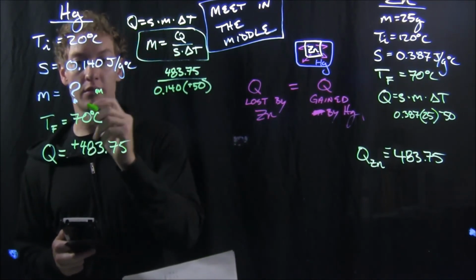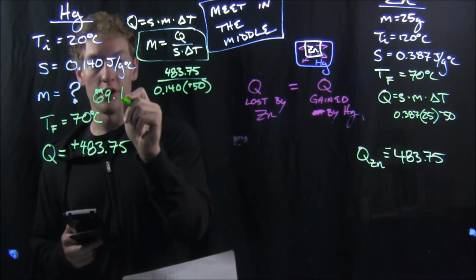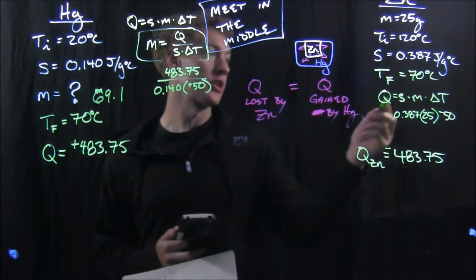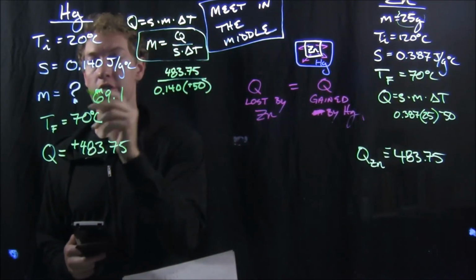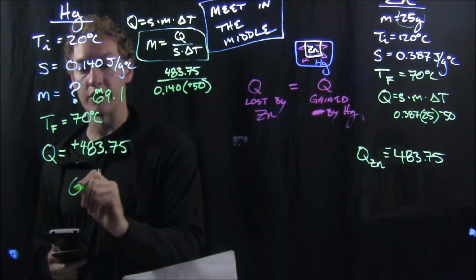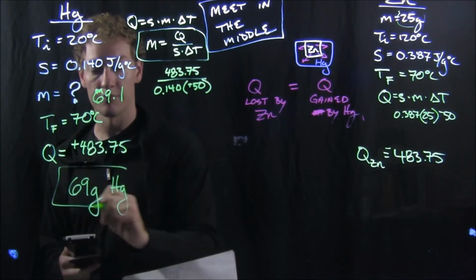And we get, calculator says 69.1. I think we need to round it to 2 sig figs, because way back here the mass of mercury was just 2 sig figs. So we're going to say our final answer is 69 grams of mercury.